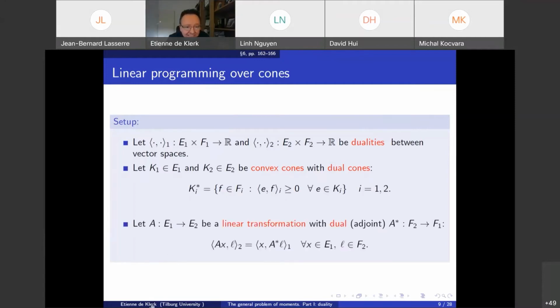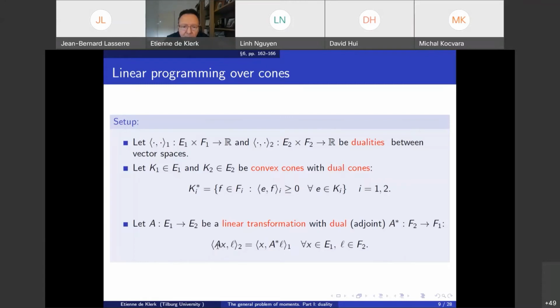And then we're not done yet. For the linear constraints in linear programming, we need an operator A. So our operator will map the vector space E1 to E2, and it will have an adjoint operator as defined before. Just remember, this is the general definition of adjoint. The point is we have one duality here and a second duality here.